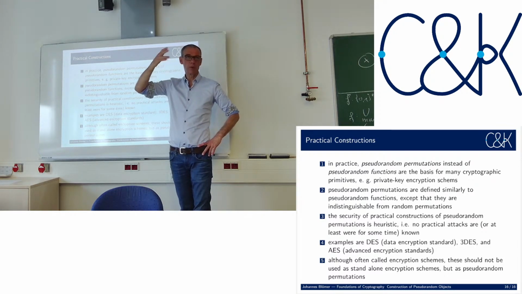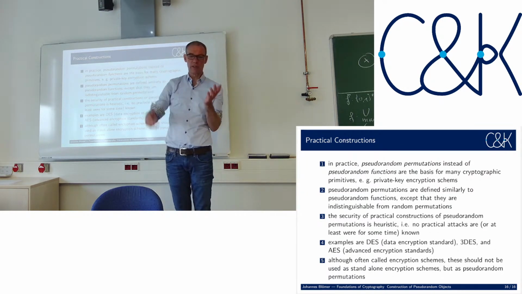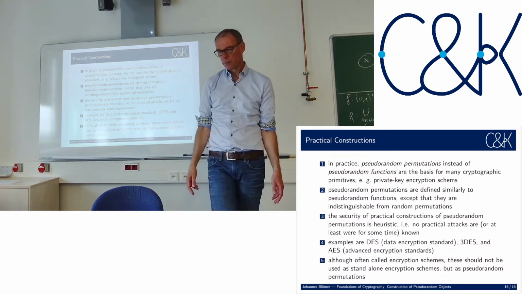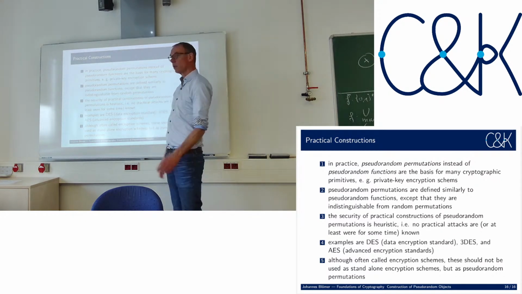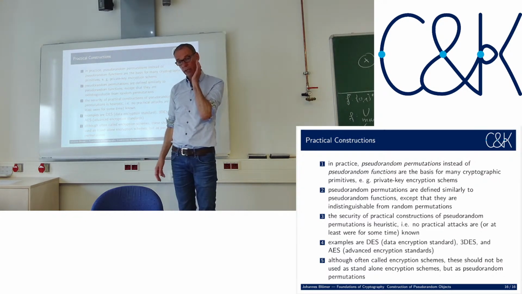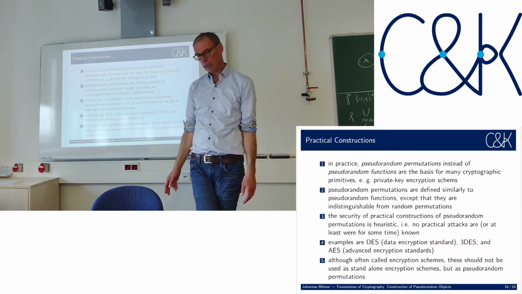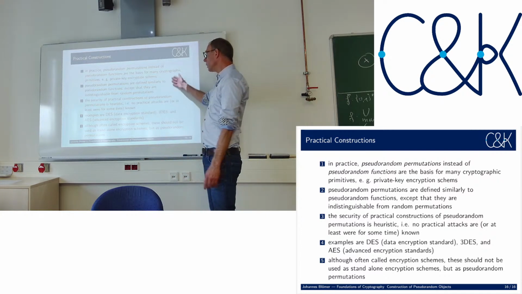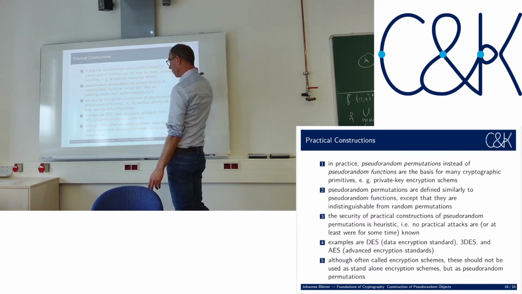You can imagine what pseudorandom permutations are: length preserving, and on each restriction they are permutations on the inputs. In particular, symmetric or private key encryption schemes are usually based on pseudorandom permutations in practice.